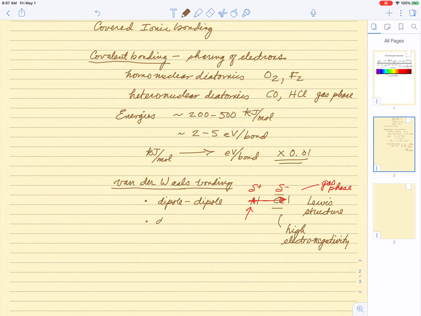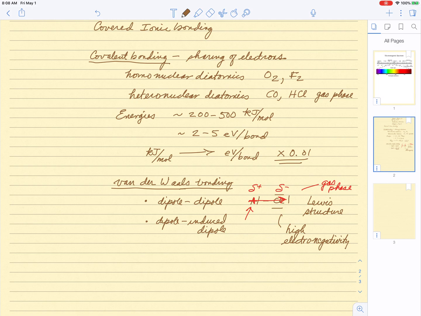You can have dipole induced dipole interactions. And so that would be the interaction between a molecule that has a dipole moment with a molecule that does not, and the dipole moment actually induces a charge redistribution in the neutral molecule, and consequently there's an interaction there.